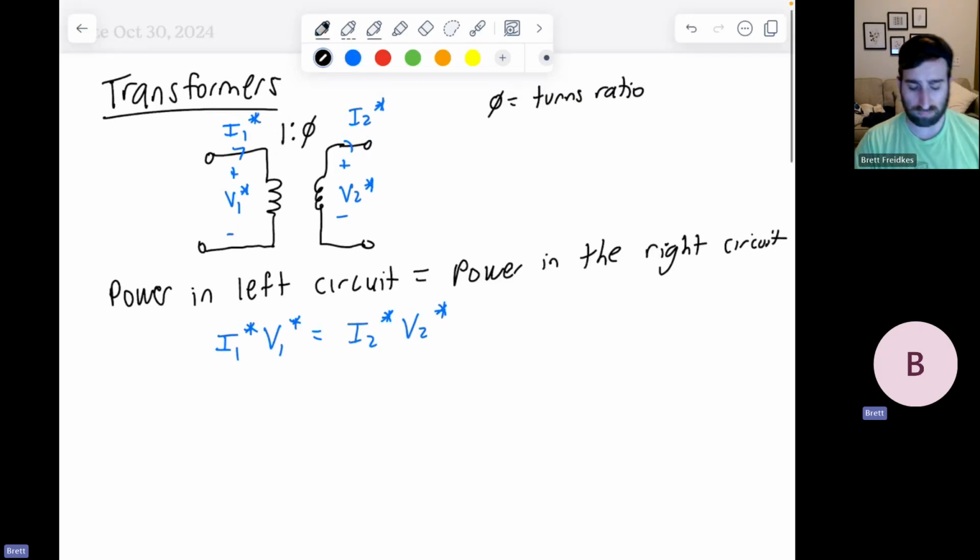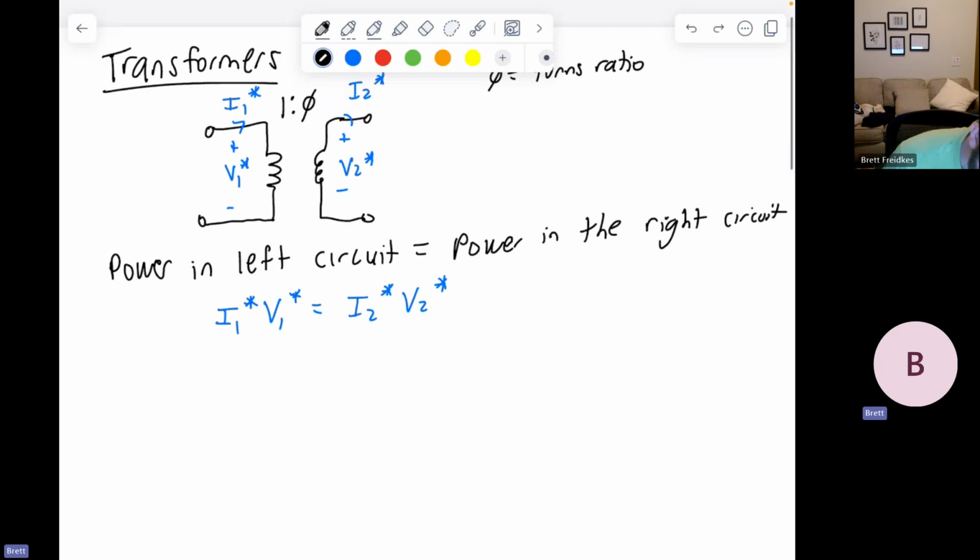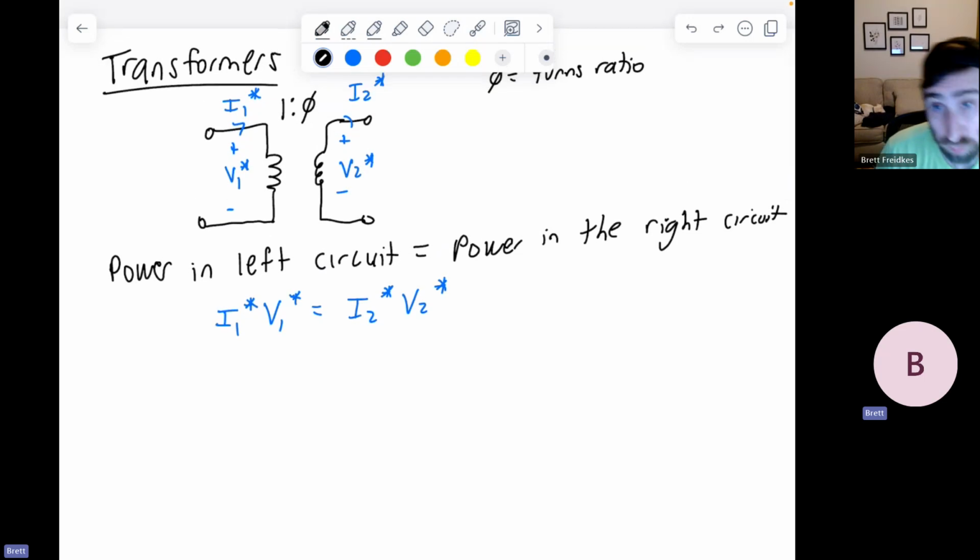Now, does that mean that the voltage V1 star is exactly equal to V2 star and the current I1 star is exactly equal to I2 star? Not necessarily. It depends what this turns ratio, this phi, is. So the thing that we need to remember when we're looking at this is that the voltages are related to each other using this ratio.